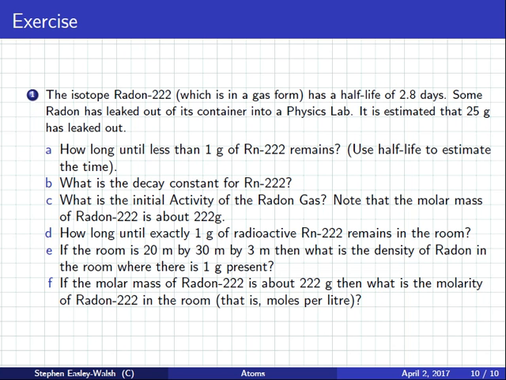We start 100 divided by 2, divided by 2. You wouldn't do this in the exam. All I'm trying to get you to do is to use half-life to estimate the answer. But you can work out the answer exactly.